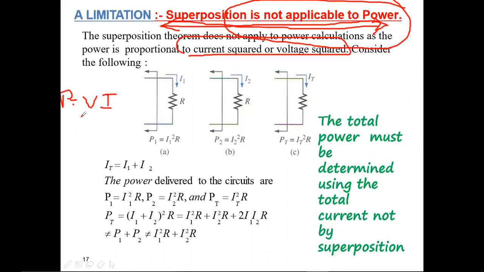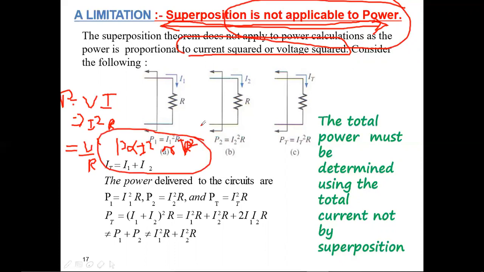If you bring the right side into one uniform form, V is nothing but IR, so P is I squared R. In terms of voltage, it is V squared by R. Since power is proportional to the square of the voltage and current, you can't apply it, because a square means a non-linear element. As our statement says, we can apply it only to linear bilateral elements.